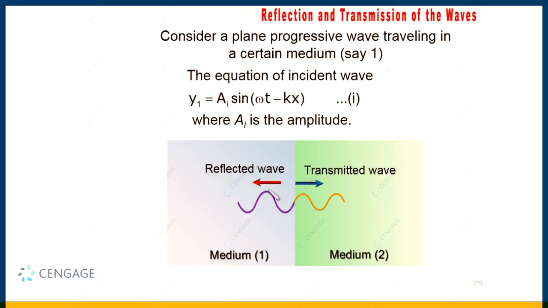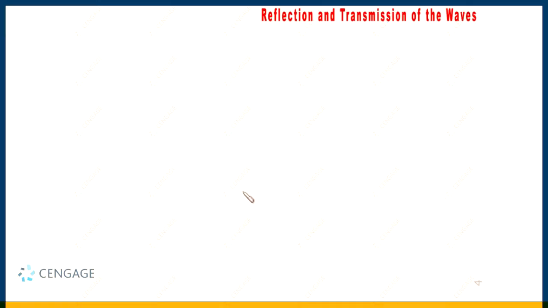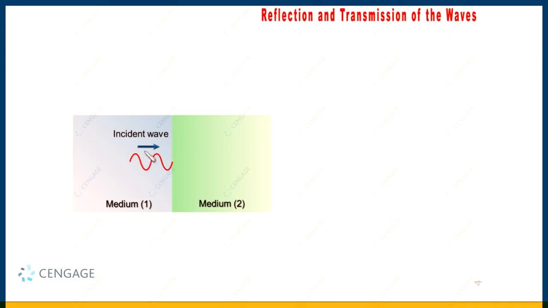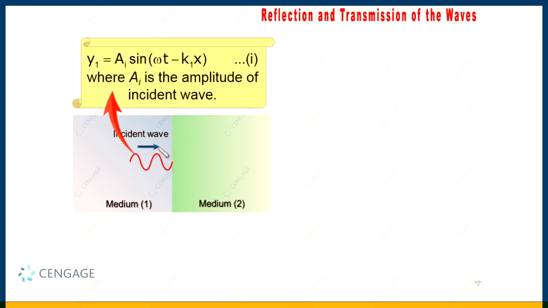So, let us define the equations of the reflected and transmitted waves. Let us write the equation of the incident wave again: y_incident = A_i sin(ωt − k1x). Omega is the angular frequency and k1 is the wave number of medium 1, right. This wave number depends on the angular frequency as well as the medium property.